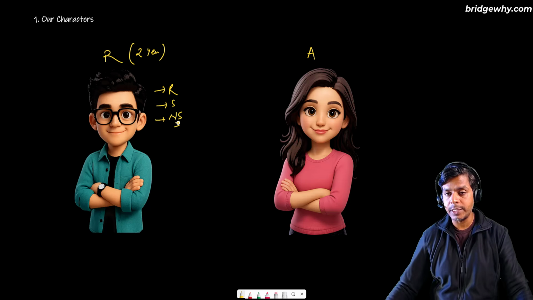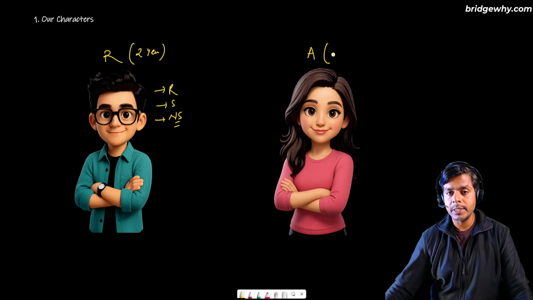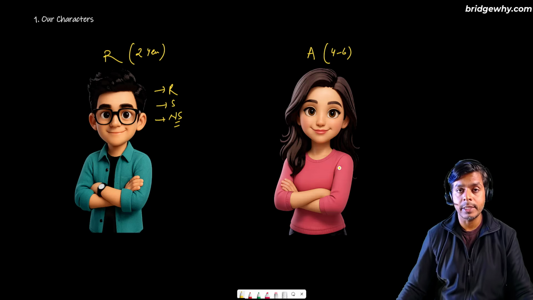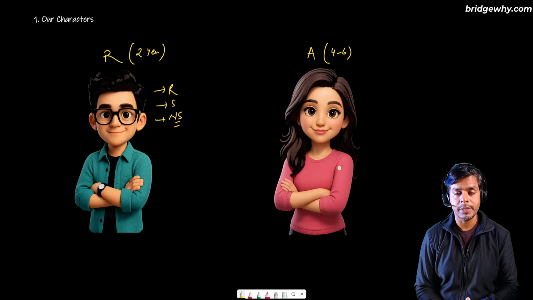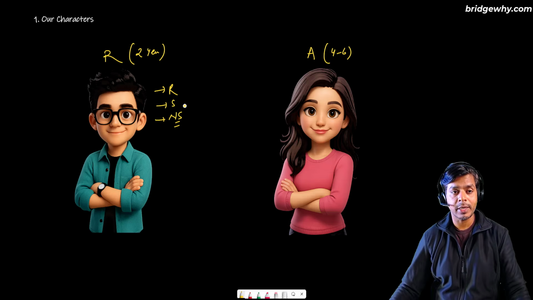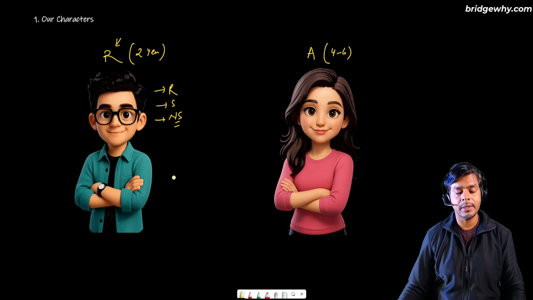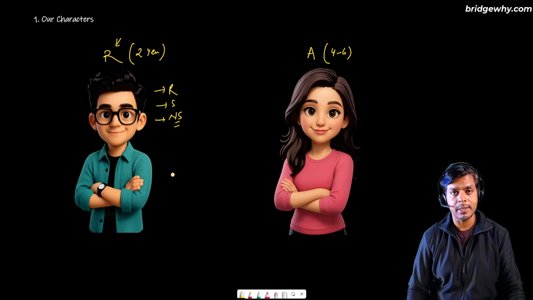If we talk about Anjali, Anjali is a bit senior to Mr. Rahul. She has experience of 4 to 6 years, right? And especially she has experience in the design field. Now, let's go back to our character, Mr. Rahul. Rahul has a very interesting characteristic.